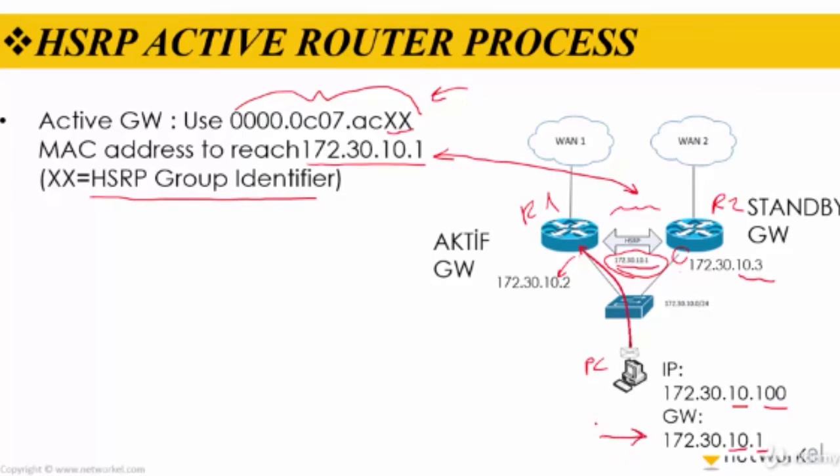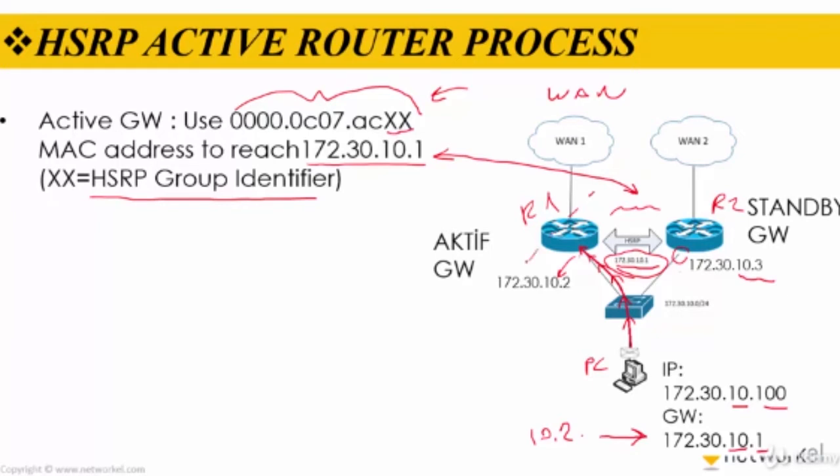So what do you think about this? For example, why am I not using 10.2 as the gateway? Let's say that the gateway is 10.2. If the gateway were 10.2, I would follow this line to send the packets to the WAN, right?